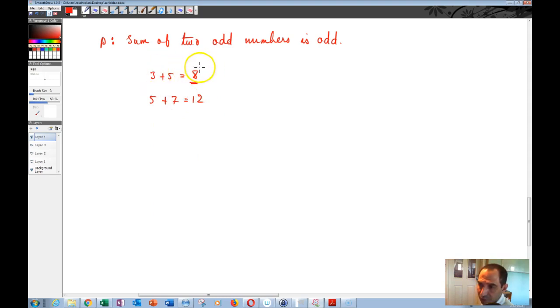If I can show even one case, for example, even this one case where I add two odd numbers and I get an even number, then that is proof enough to disprove this statement that says that the sum of two odd numbers is odd.